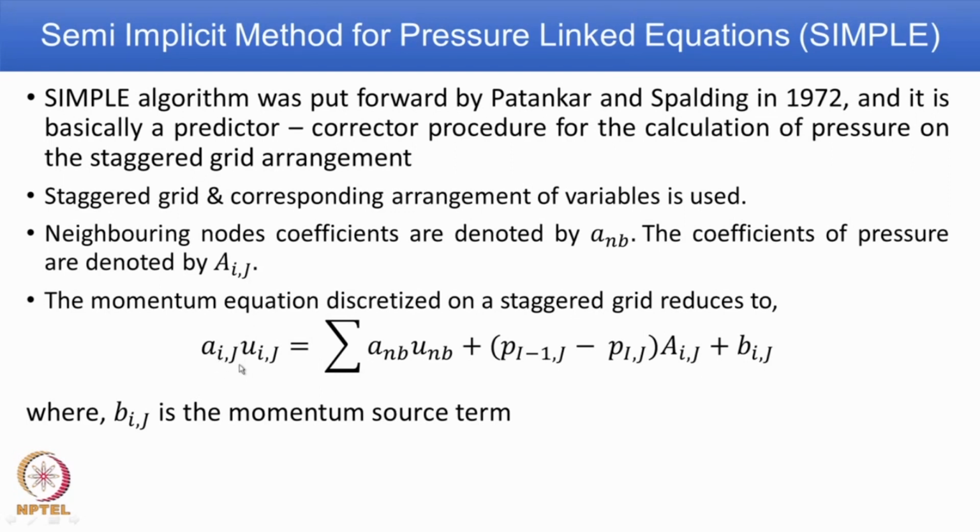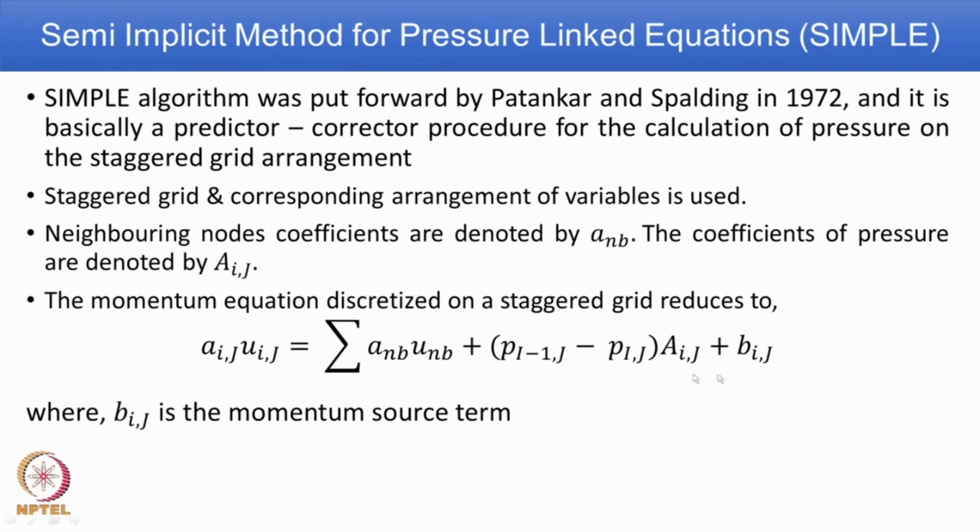So, A I comma j u I comma j equals the sum of all the neighboring nodes coefficients plus the discretized pressure term, plus any source term that may be there in the momentum equation.